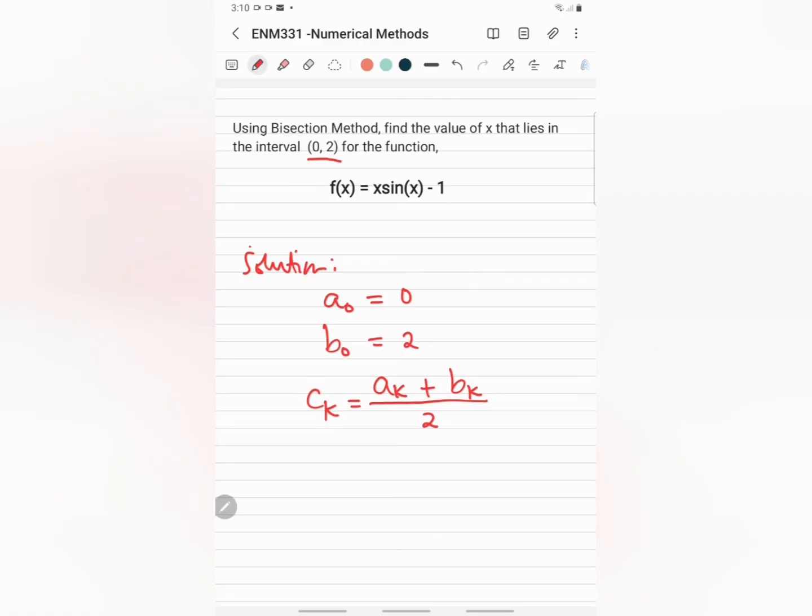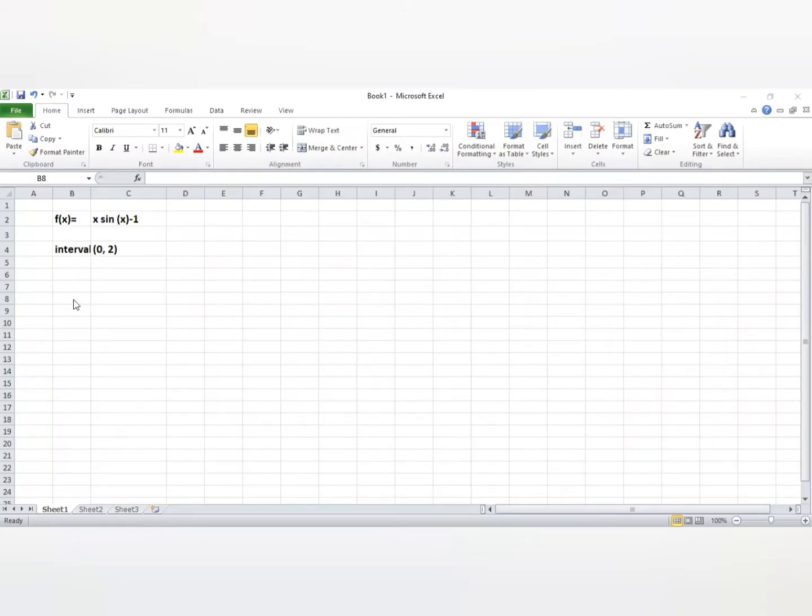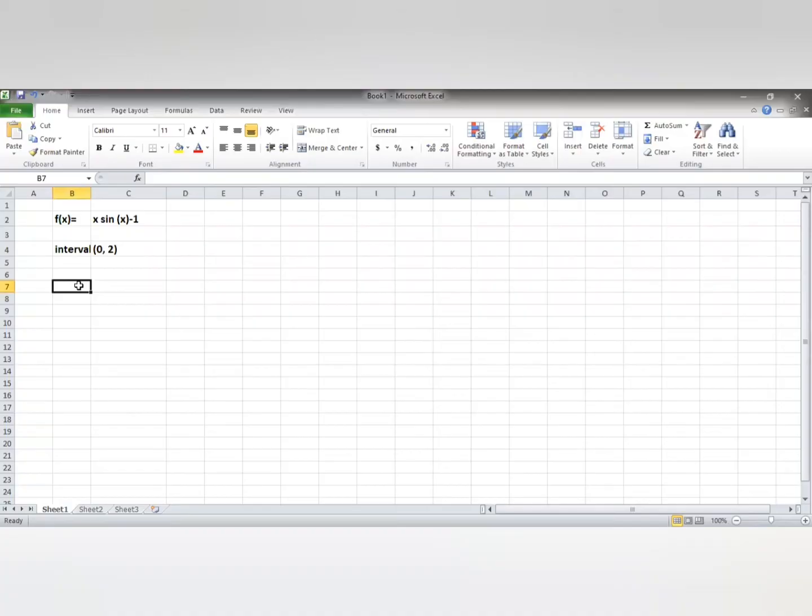To have a good presentation of the solution of this example, I will use the Excel program. Before we find the value of x, we need to see what this function looks like. So I have here the values of x, and these will be the values of our function in terms of x.